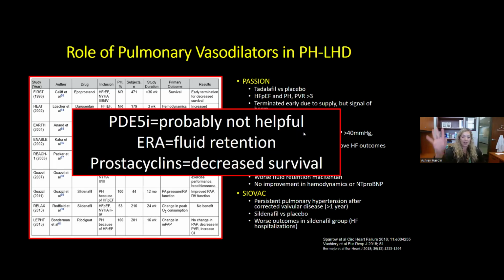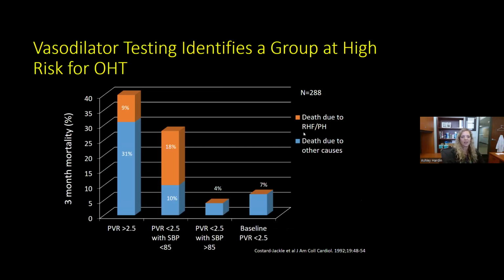So PDE5 inhibitor, it's probably not helpful, right? It's probably a little harmful based on the data that we just discussed. Endothelin receptor antagonists clearly result in fluid retention, and prostacyclins in the first trial up here at the top were studied in patients with HFrEF. They didn't have to have concomitant PH, and there was a decreased survival in that patient population.